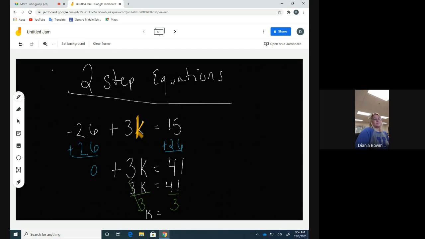Come on, kiddos. Somebody put it in their calculator. 41 divided by 3. Logan, 41 divided by 3 equals what? I get 13.66.